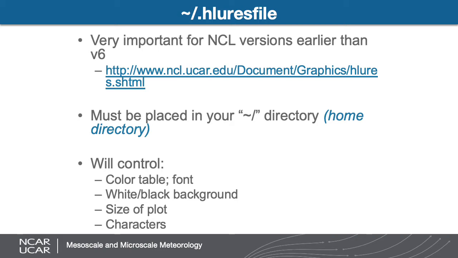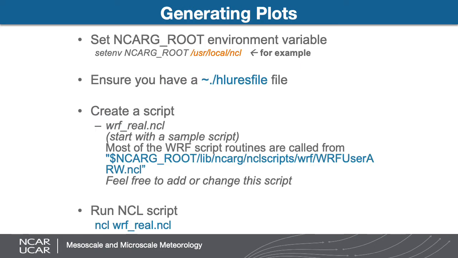It must be placed in your home directory, and it controls your color table, your font, the white or black background, the size of the plot, and certain characters. You also need to set the NCARG environment variable with the setenv command, and we want to ensure you have that HLU res file. Next we're going to create a script, which I'll walk through.